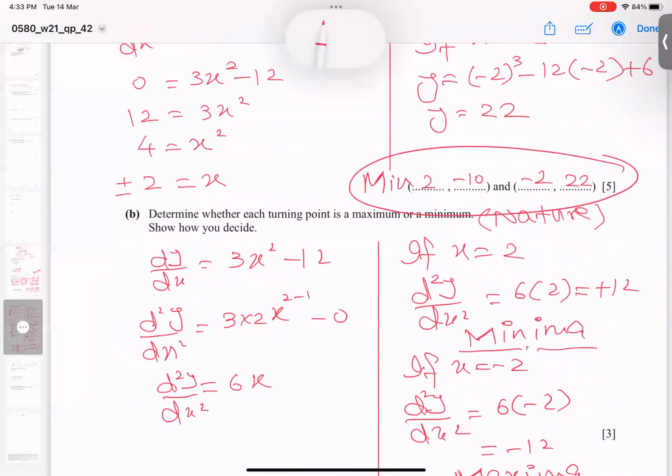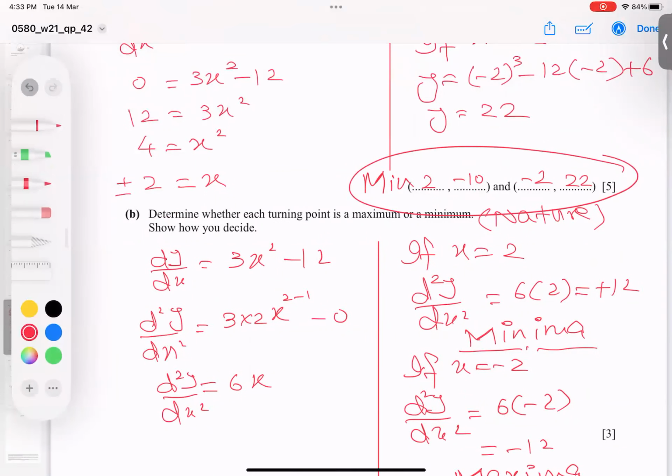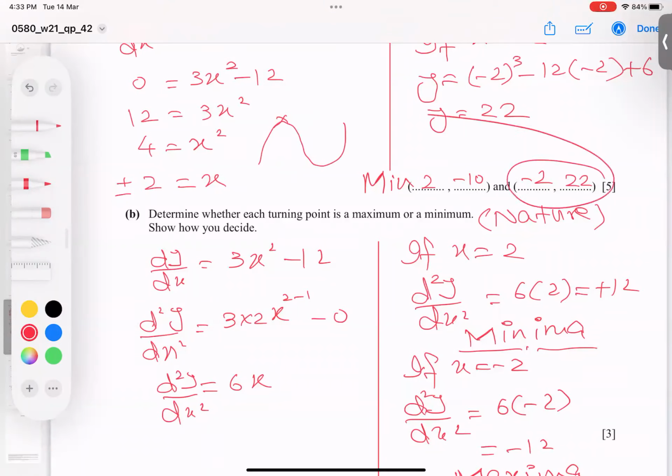Make sure the point with positive 2 is called the minimum point. It means the graph will look like this. At negative 2 is the point of maxima, and at positive 2 is the point of minima.